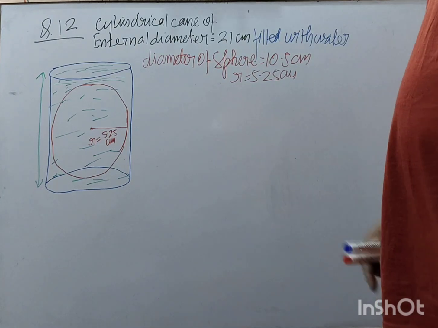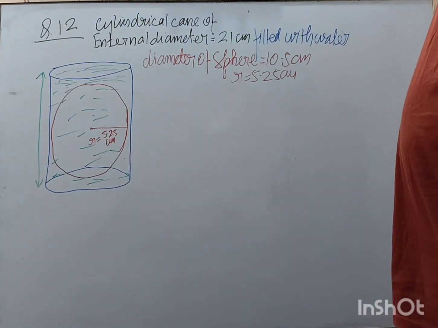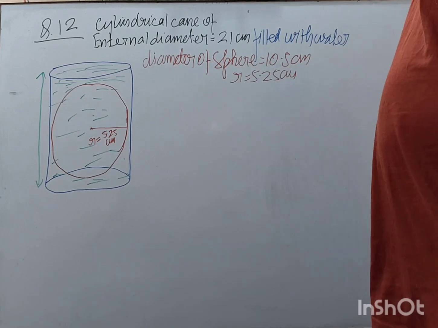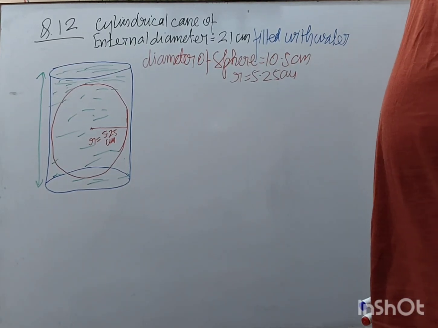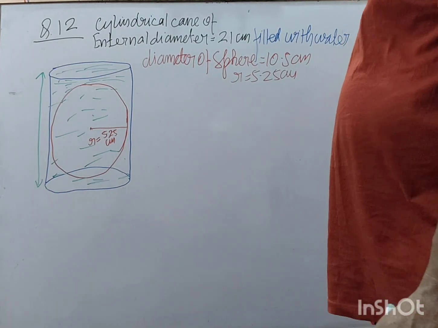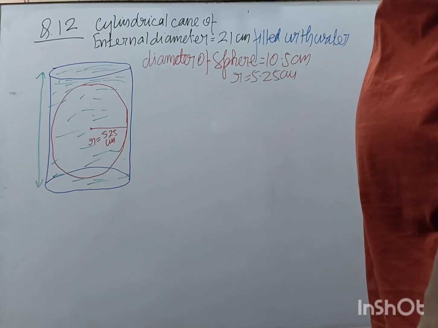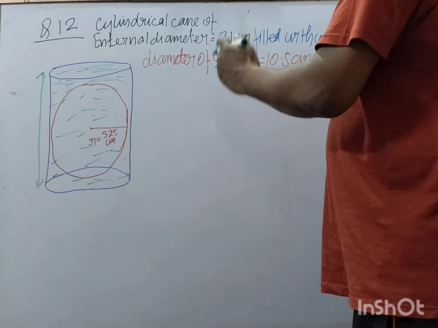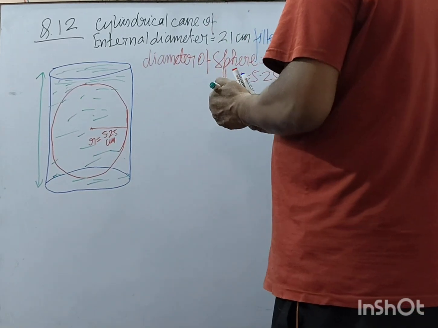What is the height of the cylinder? Height of cylinder is given, 21 centimeter. No, diameter is given as 21 centimeter. That's the height we need. Okay.